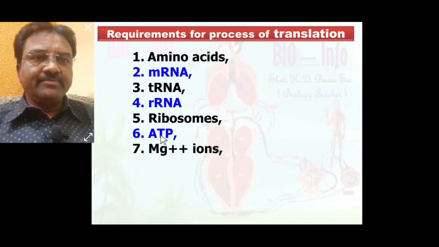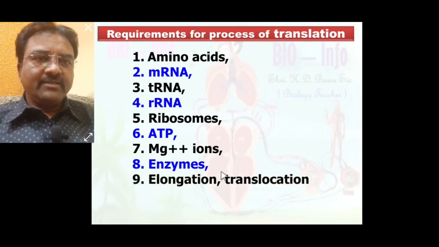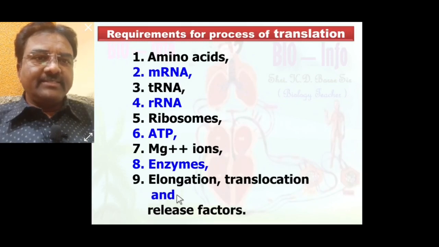Mg++ ions are important for binding the larger and smaller ribosomal units to one another. Some enzymes are essential. Elongation, translocation and releasing factors are also important.